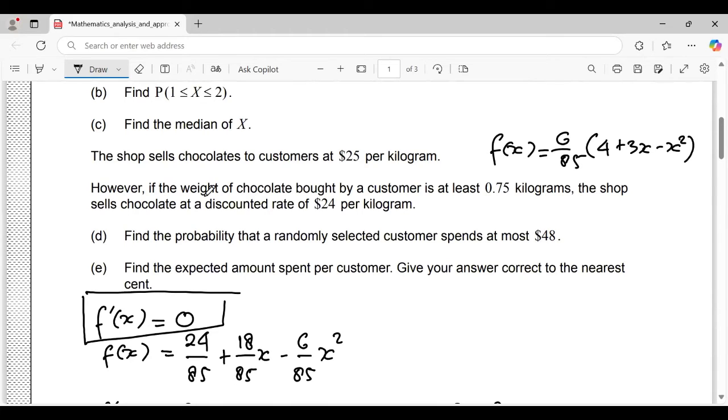However, if the weight of chocolate bought by a customer is at least 0.75 kilograms, the shop sells chocolate at a discounted rate of $24 per kilogram. Find the probability that a randomly selected customer spends at most $48. Okay.